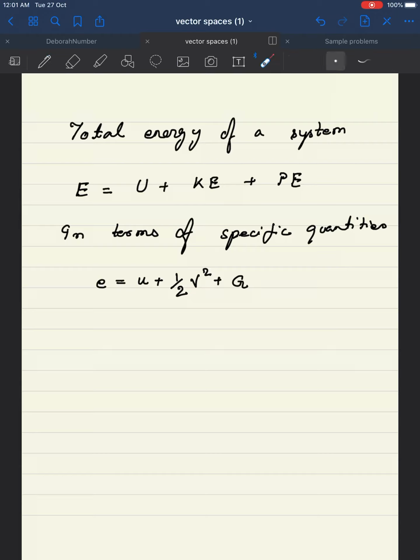Okay, just to be clear, this u is not a velocity u, this is the internal energy u. I know we are using u for quite a lot of different cases, so let's just be mindful of what we are using and the context.